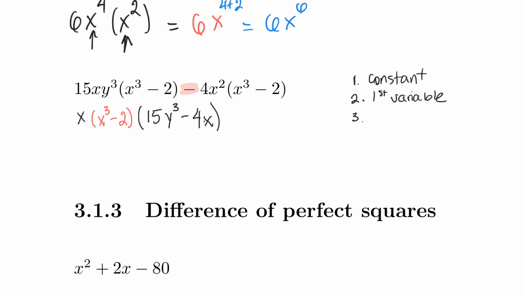The next step, we evaluate the second variable. In this case, the second variable for us was y, right? We have one variable here, which is x, and the second variable here, that is y. Okay, so then we ask, this term has a y. Does this term have a y? It doesn't have a y, right? So y cannot be taken out as a common factor.